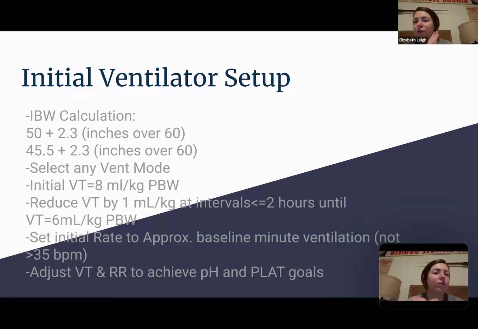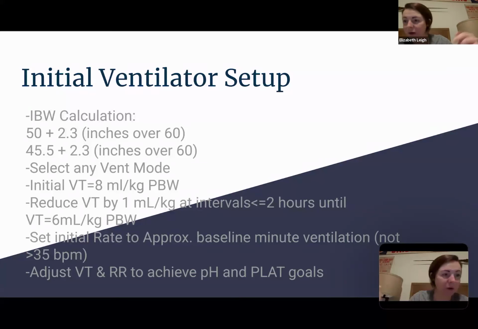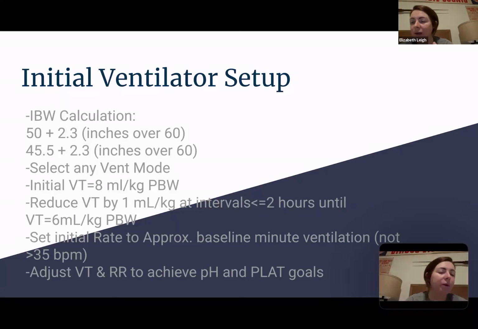So these are some of the initial vent settings that we want when we're first putting the patient on mechanical ventilation. I'm sure we already know this, but the ideal body weight calculation, or PBW, for males, is 50 plus 2.3 multiplied by whatever inches they are over 60.